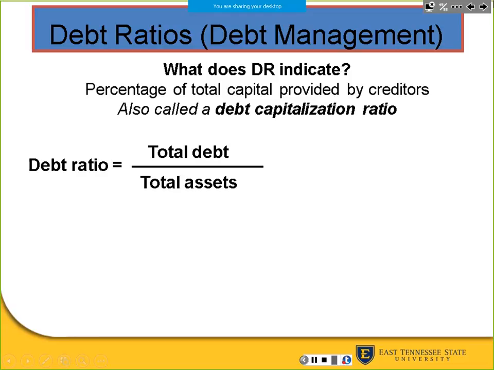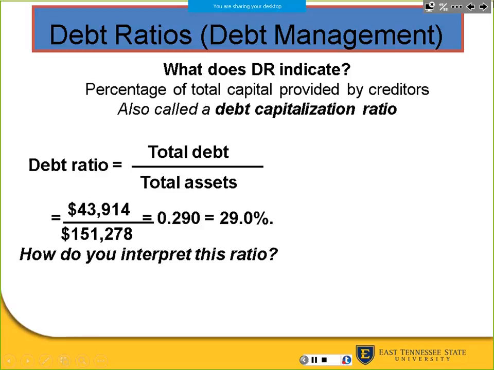Where does it say total debt? Maybe it's under balance sheet. Is it all long-term debt? What do you guess? Is it all of the liabilities, the accounts payable and the liability?